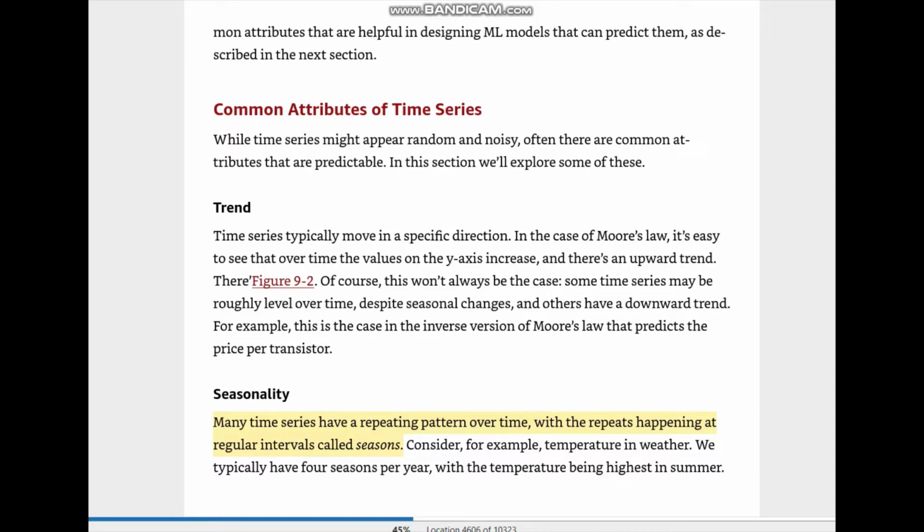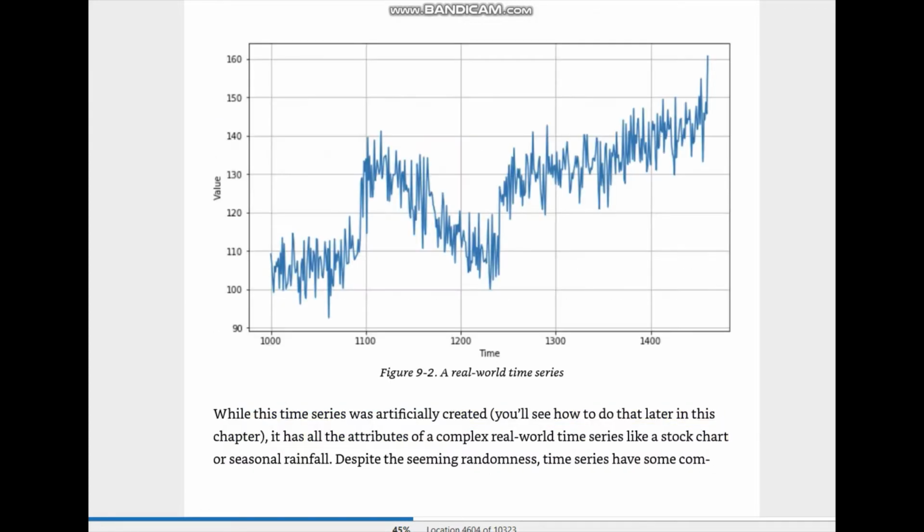In the case of Moore's law, it's easy to see that over time, the values on the y-axis increase and there's an upward trend. In figure 9-2, we have seen that there is an upward trend. It went once downwards in the block of 1200 time lapse, but then there's a specific trend that it's always going up, right?